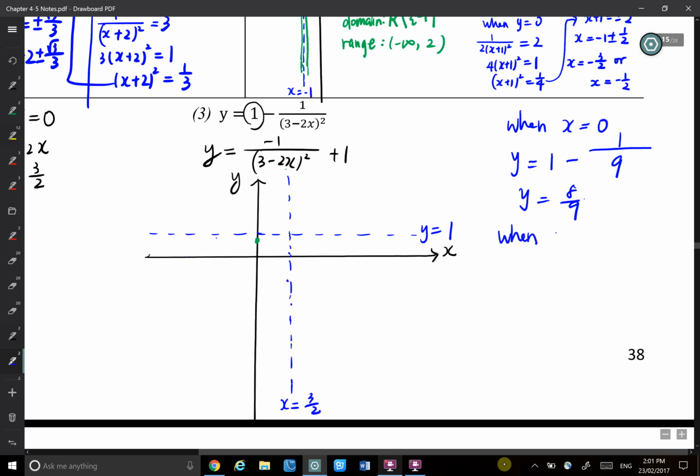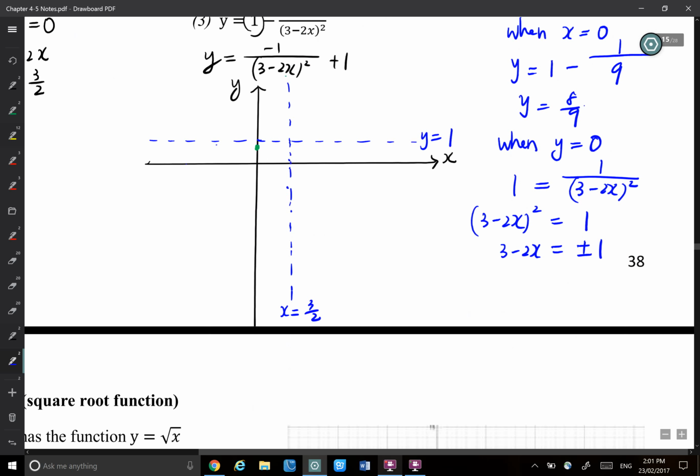When y equals 0, 1 needs to equal 1 over (3 minus 2x) whole thing squared. So (3 minus 2x) squared equals 1. 3 minus 2x equals plus or minus 1. Minus 2x equals plus or minus 1 subtract 3, so x equals (plus or minus 1 plus 3) divided by 2.